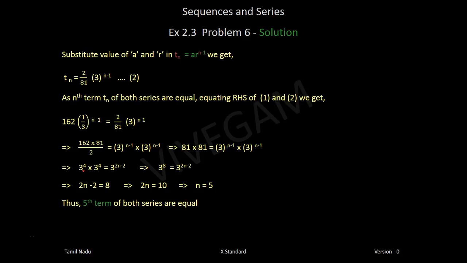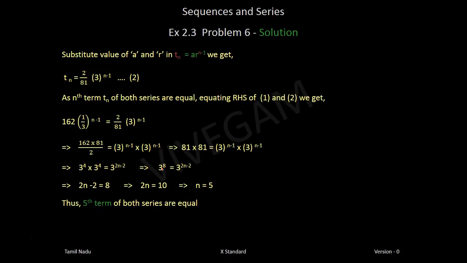So again applying the same principle, a to the power of m into a to the power of n equal to a to the power of m plus n. So this will become 3 to the power of 4 plus 4. So you'll get 3 to the power of 8. Okay. So 3 to the power of 8 will be 3 to the power of 2n minus 2, so 2n minus 2 will be 8.